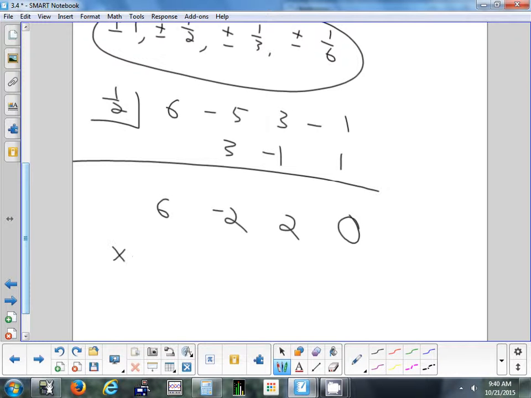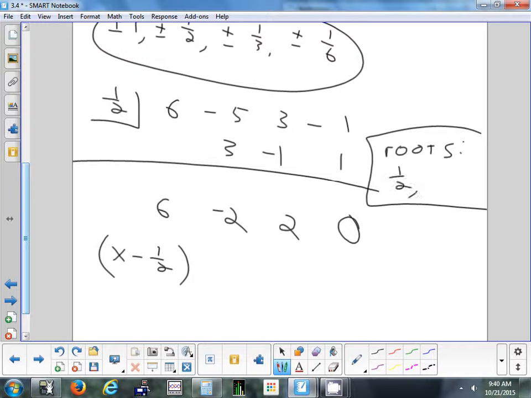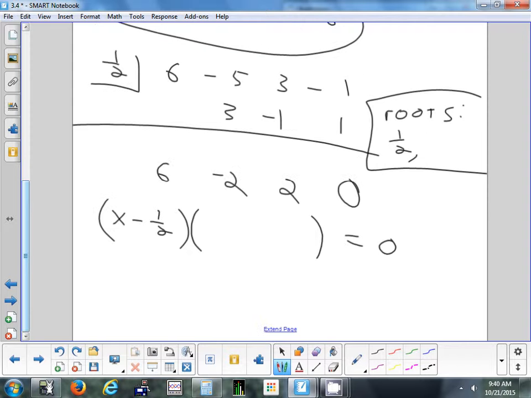All right, so I've got x minus 1/2. That's a factor. And I already know the root, 1/2. Okay, what's my other factor that I get from the quotient? 3x squared minus x plus 1.